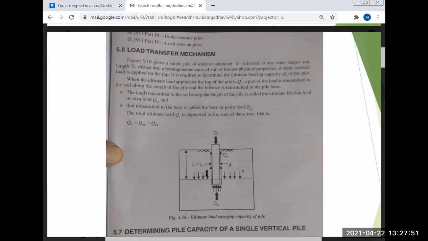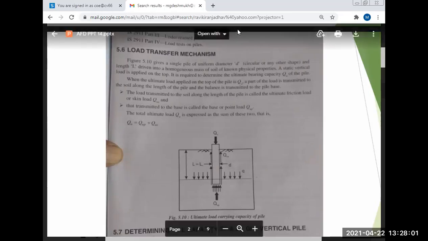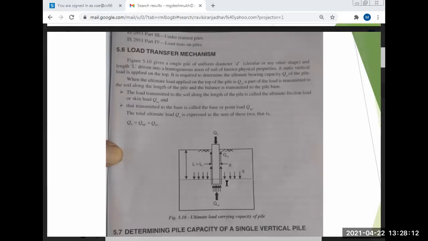The loads are transferred through the surface of the pile, and that is the friction between the soil and surface of the pile.